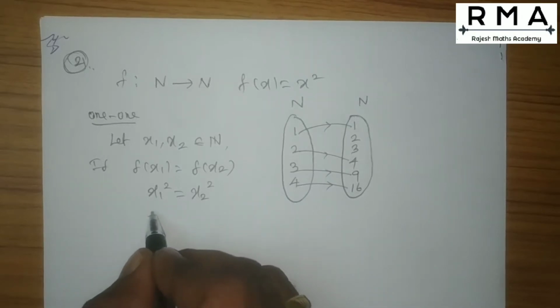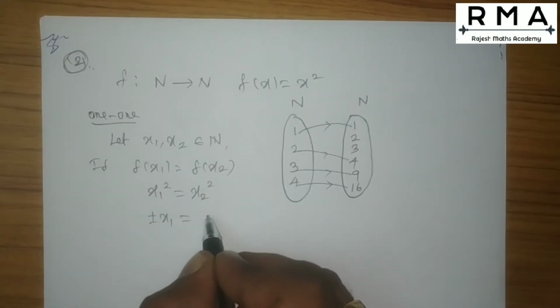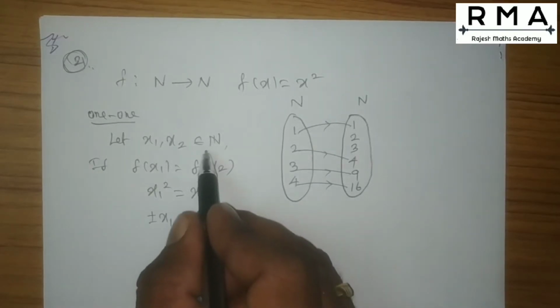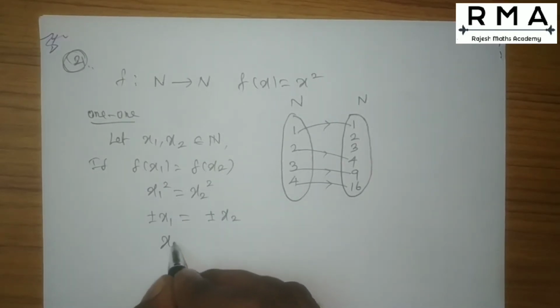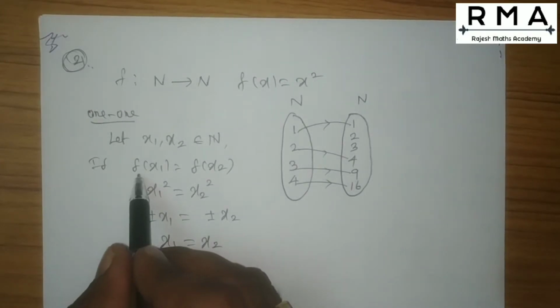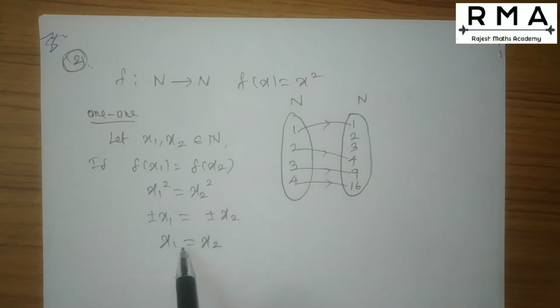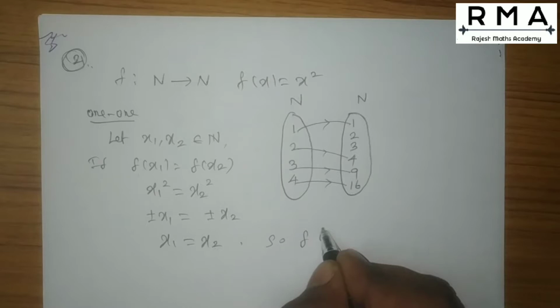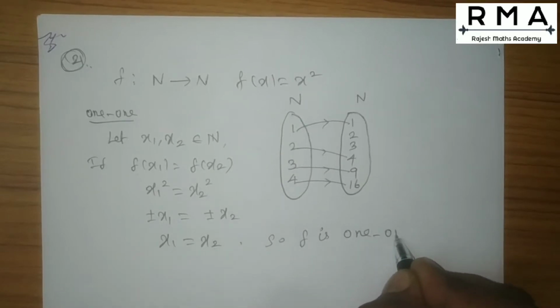Taking square root, we get plus or minus x1, similarly plus or minus x2. Here x1 and x2 are both natural numbers, so the only possibility is x1 equals x2. I have taken f of x1 equal to f of x2 and proved that x1 equals x2. So clearly f is one-one.